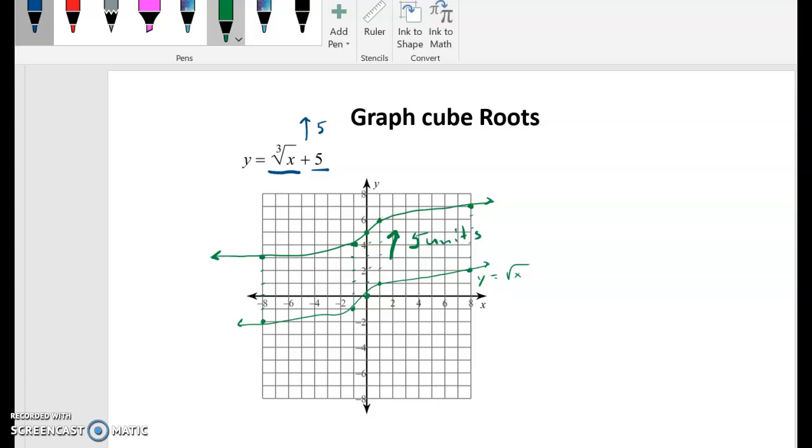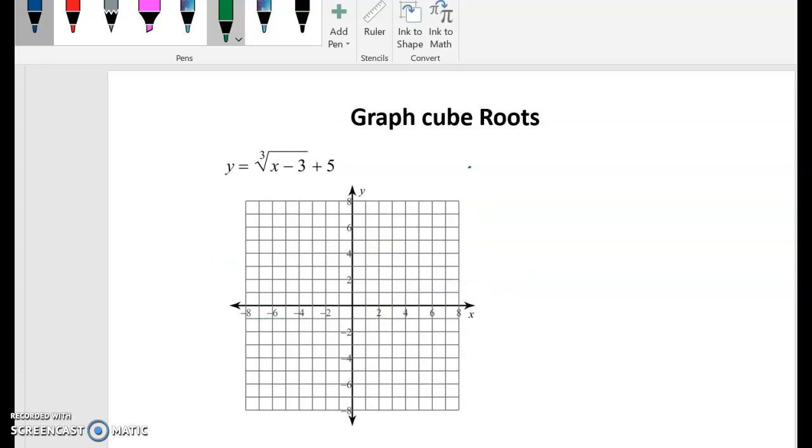So now what happens when we combine that together? I have y equals under the radical x minus 3, and then I have plus 5. So I'm going to take the opposite sign, plus 3 for the x. That means I'm going to go to the right 3 units. And the plus 5 means I'm going up 5 units.